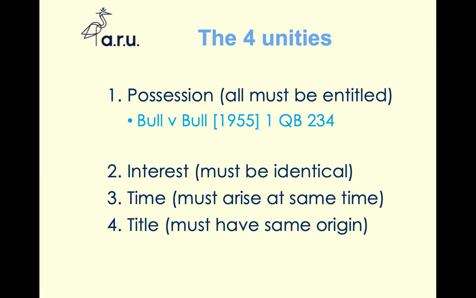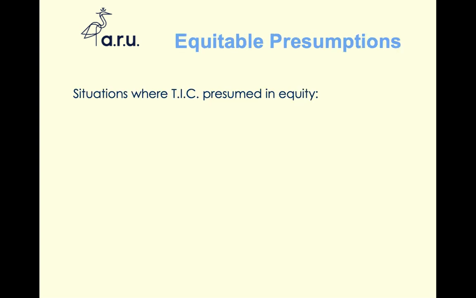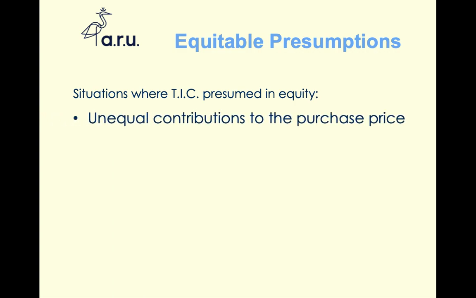And they will be tenants in common unless they choose to hold separately. So thinking about where a tenant in common is presumed in equity, apart from those words of severance, we would have unequal contributions to the purchase price.